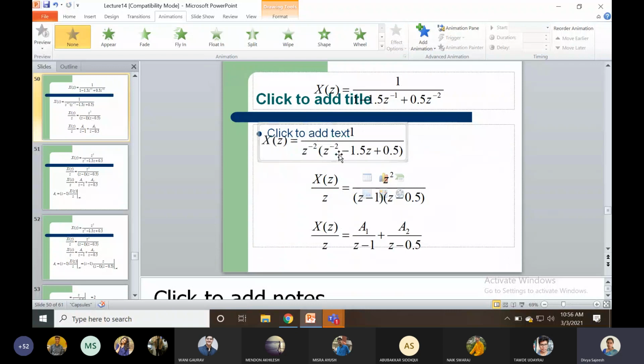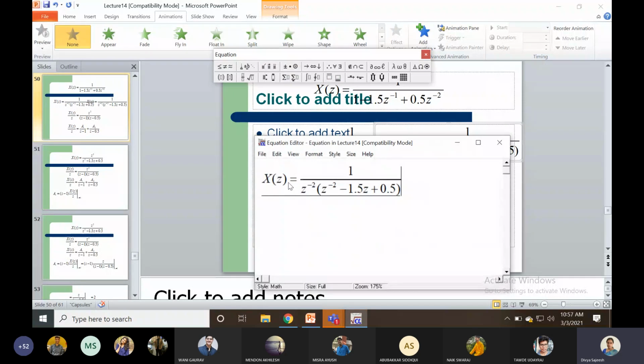Okay. Now Z square that I am taking to the denominator. So I can take this to the denominator, that is Z raised to minus 2, I am taking to the numerator. This minus will change to plus.